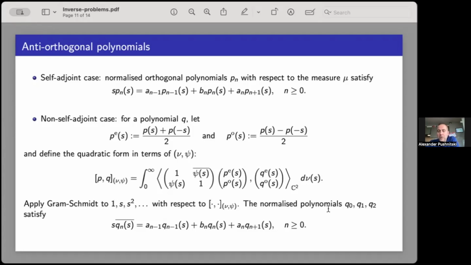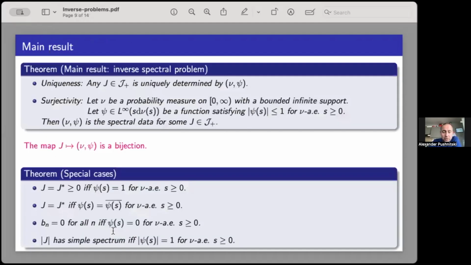Then you end up with normalized polynomials q0, q1, q2, etc. And they satisfy exactly like here a three-term recurrence relation, with a twist that here you have a complex conjugation. It should remind us of this eigenvalue equation that we had a few slides back, let me show you.